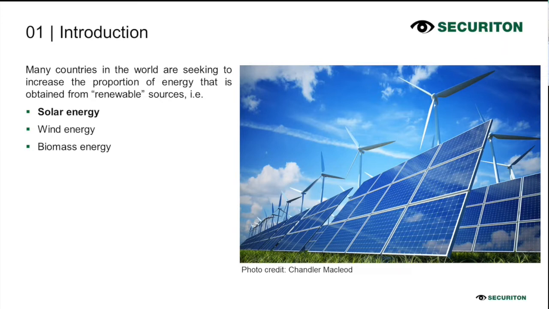A simple word is reusable energy, taken from Earth itself, such as the wind, the sunlight, and biomass energy. Many countries around the world are now moving towards renewable energy because it's not harmful to the environment, and the resources are always available and can be continuously used.